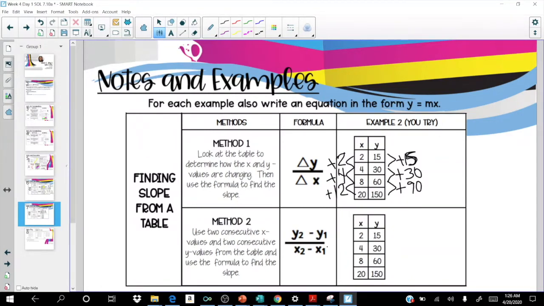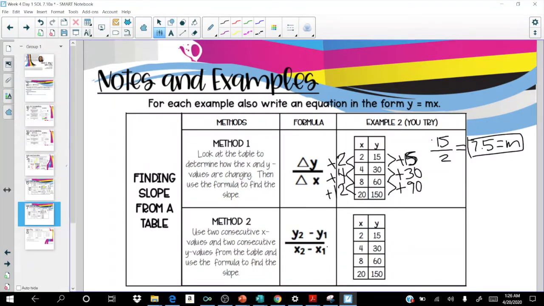So change in y will be 15 over 2, which is equal to 7.5. And that is our slope. But if you want to check, you can put in your calculators. 30 divided by 4 is 7.5. 90 divided by 12 is also 7.5.